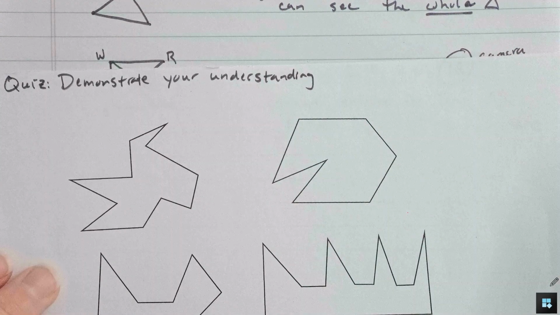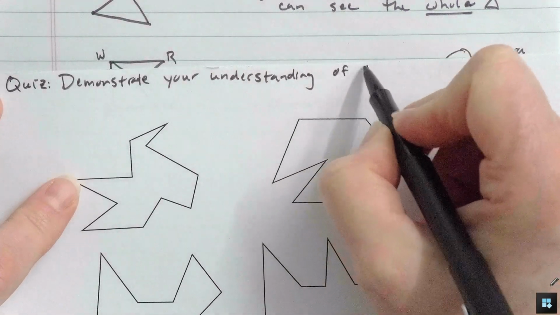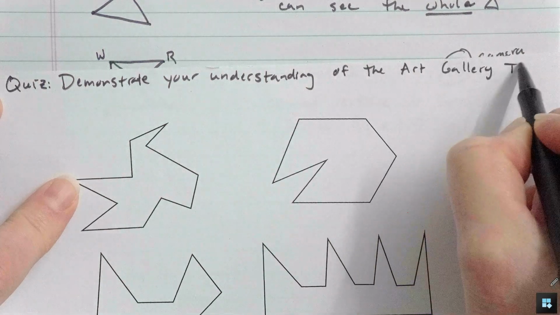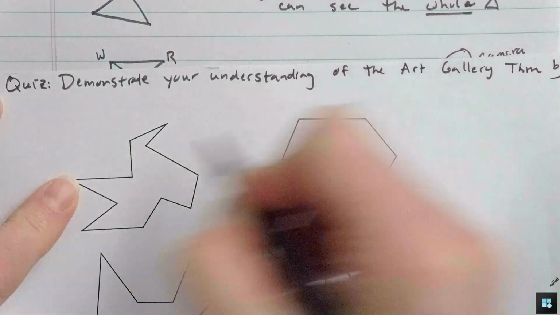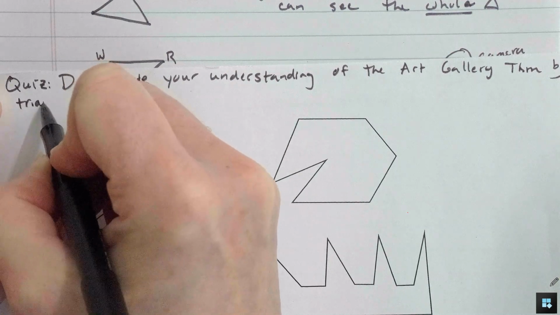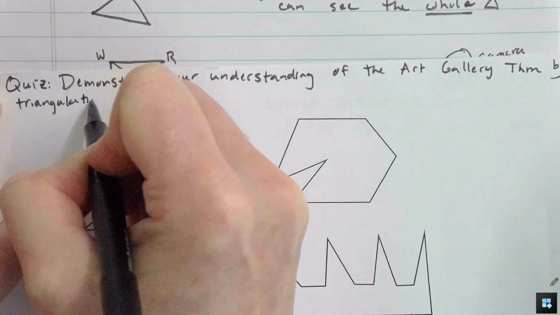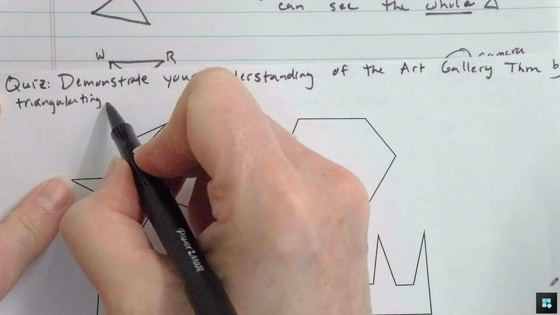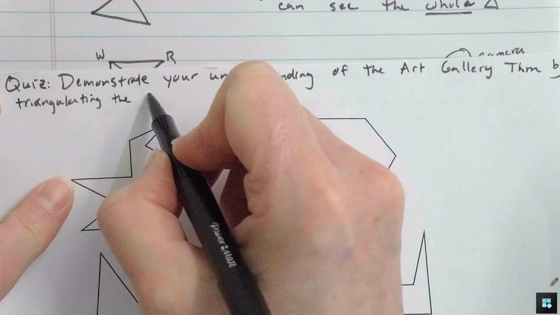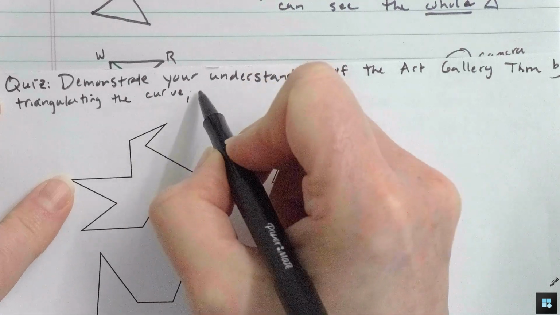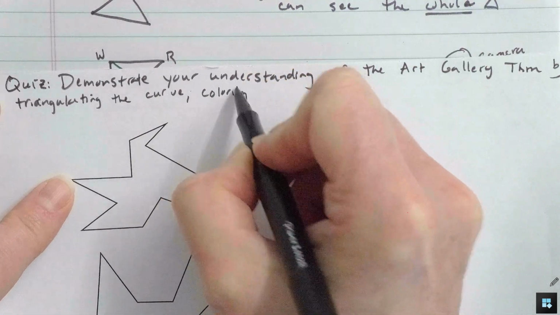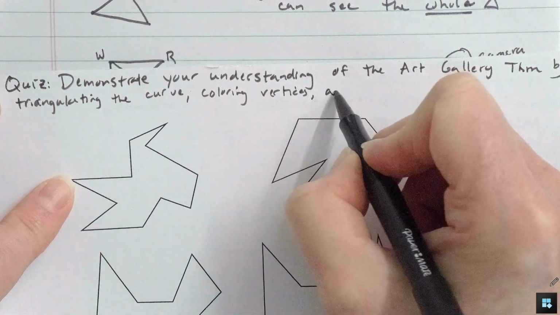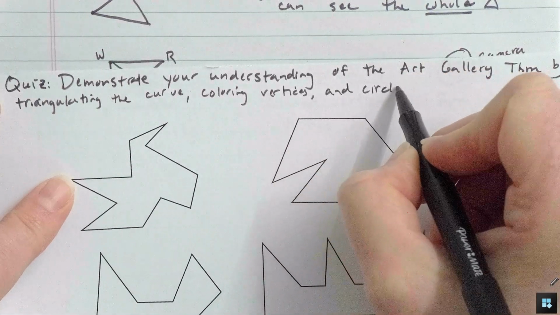Demonstrate your understanding of the art gallery theorem by triangulating the curve, coloring the vertices, and circling where you would place the cameras.